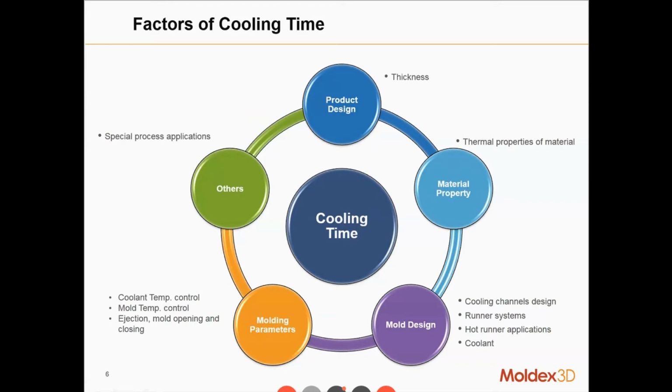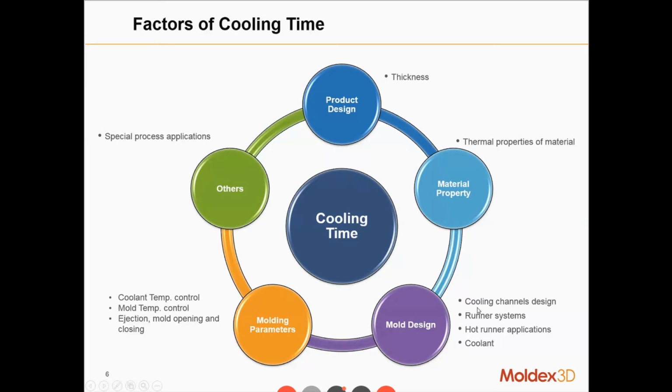Then we have the material property. Thermal properties of materials such as heat capacity and thermal conductivity of both the mold and part material can affect the cooling time.